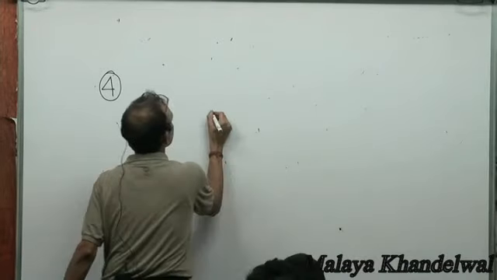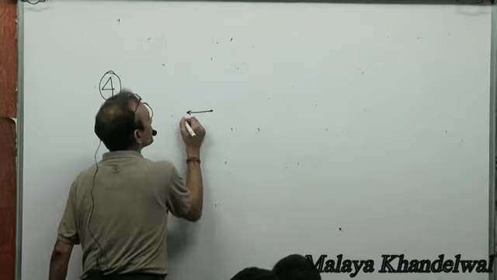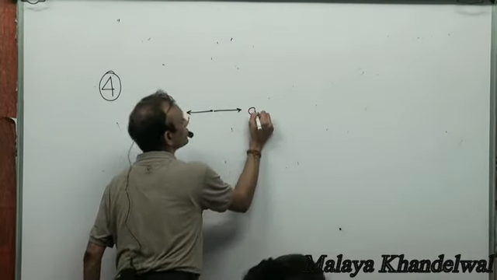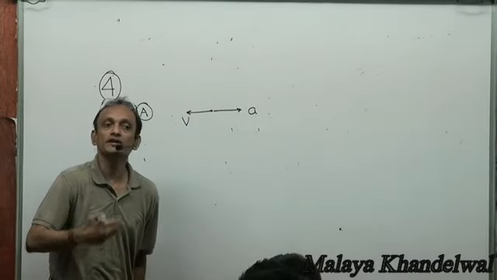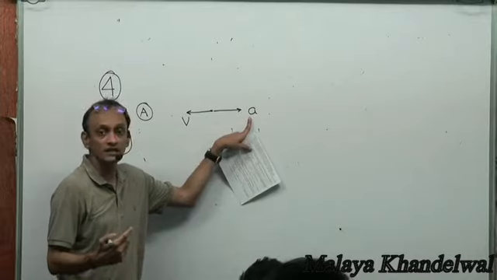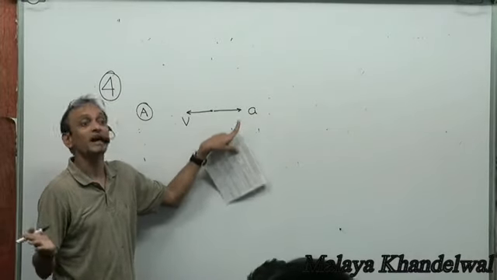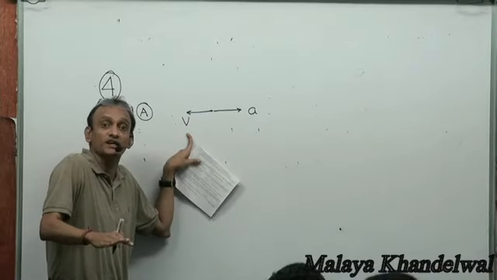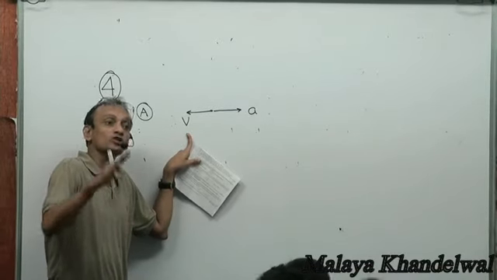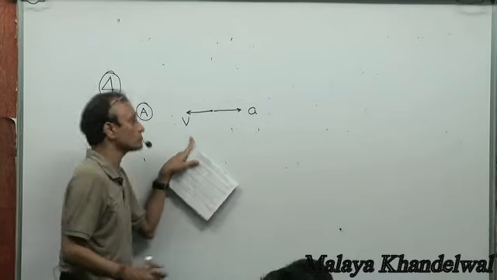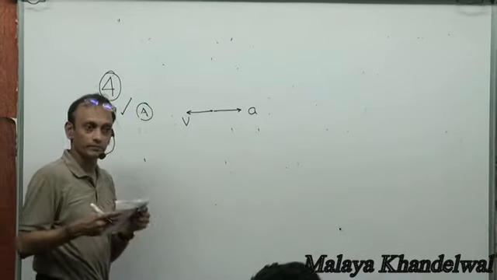What it clearly means is that if velocity is in one direction and acceleration is in the opposite direction, there is retardation. If they have opposite signs, they would be directed oppositely. Acceleration will kill the velocity till such time that the velocity becomes zero, right? So velocity decreases, the body slows down. The body indeed slows down, right? So option A is right.